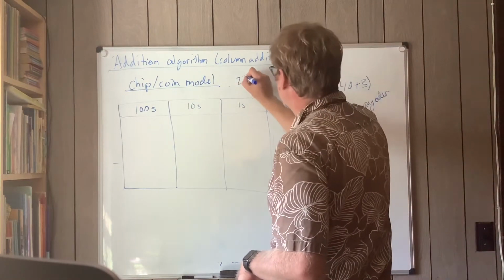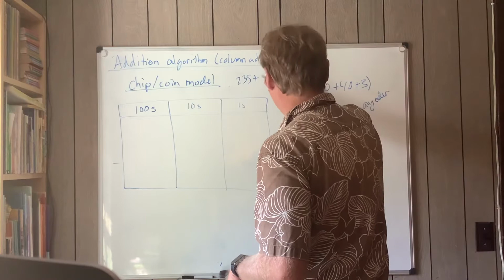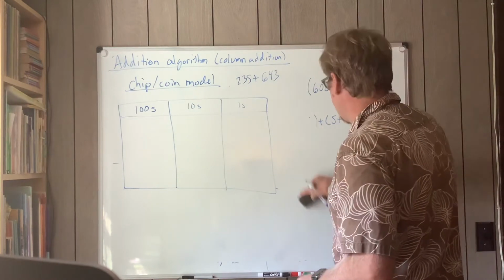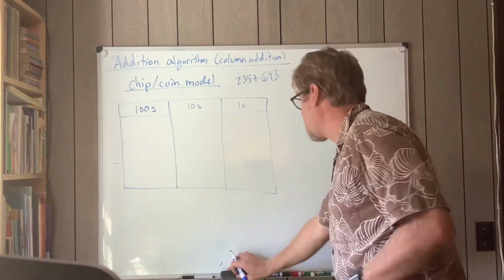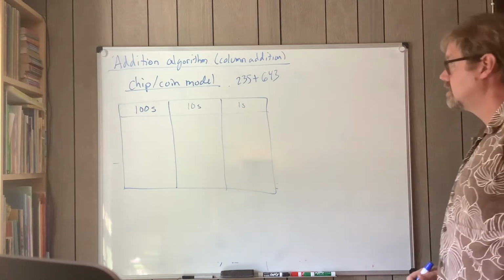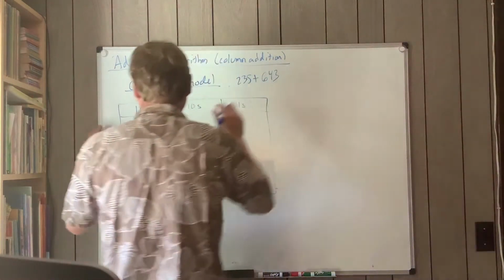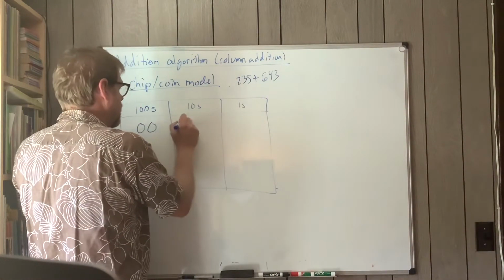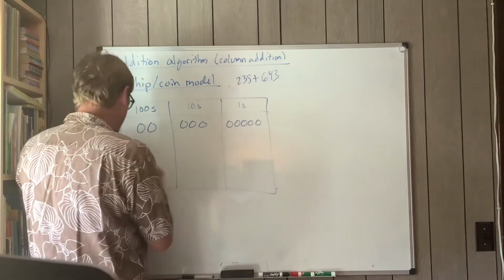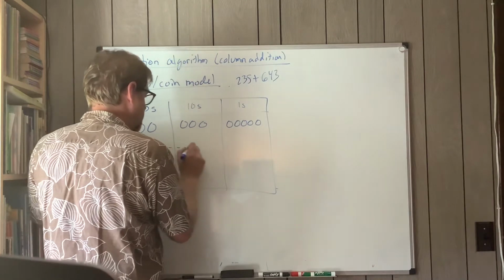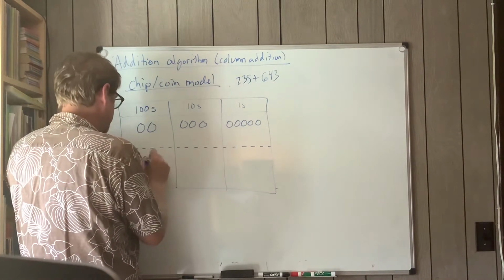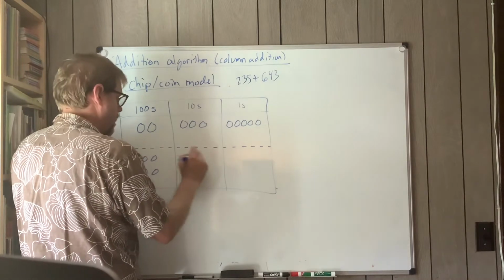And let's write down here that we're still doing 235 plus 643. So I'm going to put 200, 35, and 6, 43.